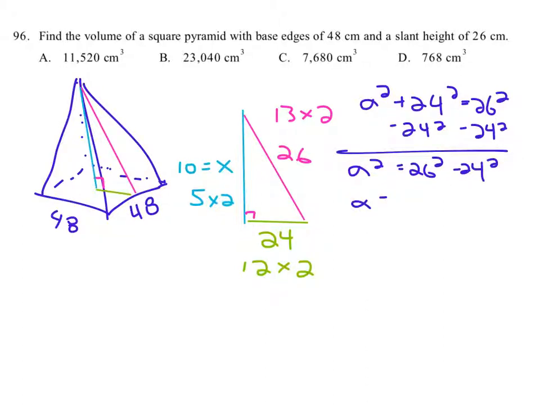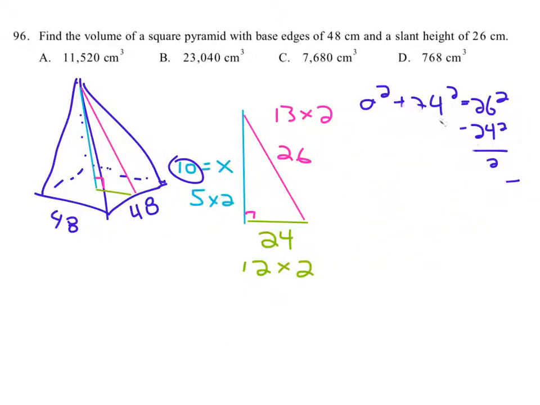And of course, if you square rooted both sides, you get a equals the square root of 26 squared minus 24 squared. Type that into your calculator and see what you get. Okay, and pretty sure that you're going to end up with a value of 10, which is what that value was that I told you. Okay, try that, do the math, and actually check it. So maybe you want to pause it here so you can see these numbers because I'm about to erase them.